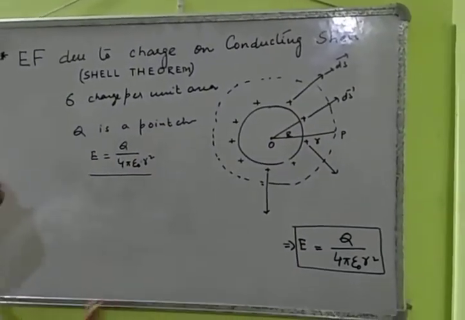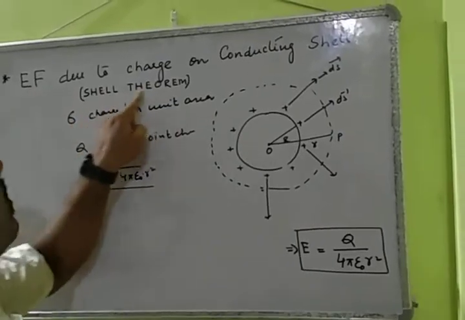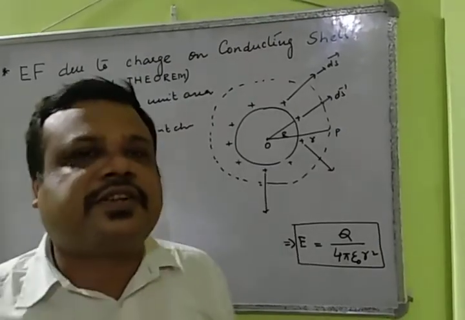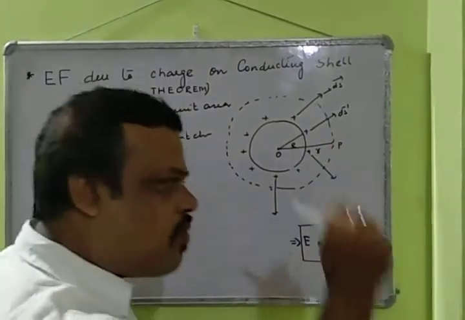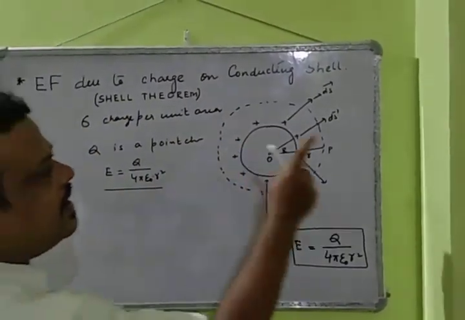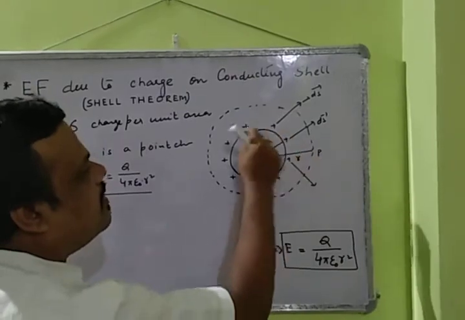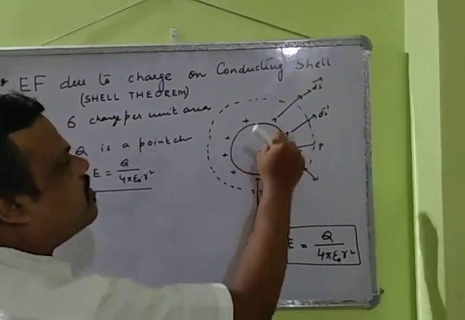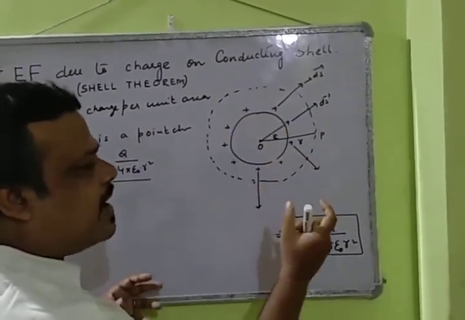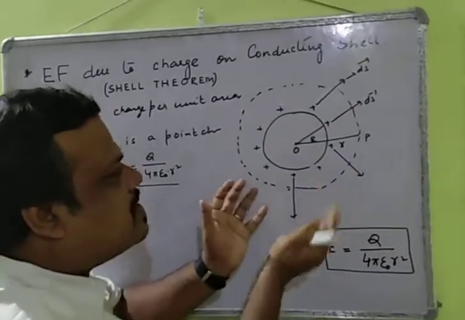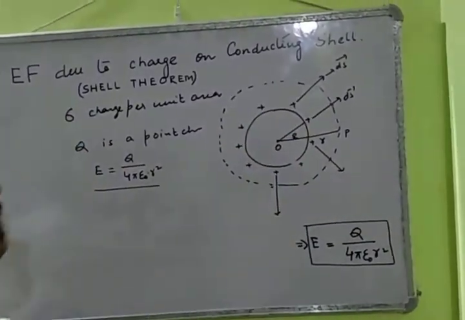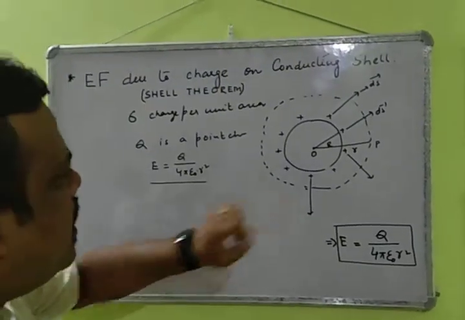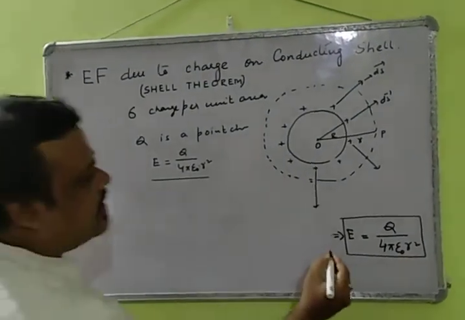This is part 1 of the shell theorem. If you ask what is the shell theorem of electrostatics, shell theorem number 1 says that the electric field created outside the conducting shell, or spherical shell, behaves as if there is a point charge Q at the center of the shell. Now this is the electric field at the outside.